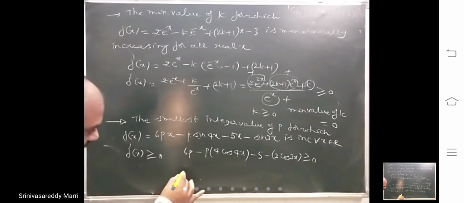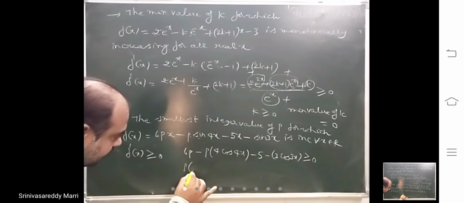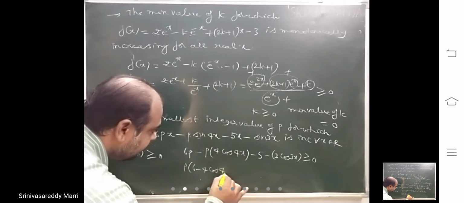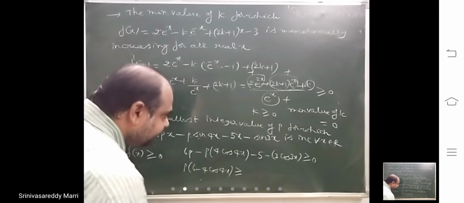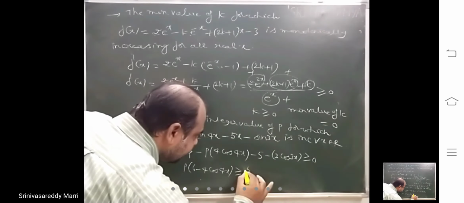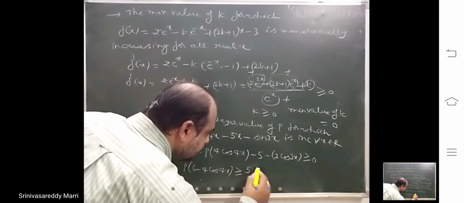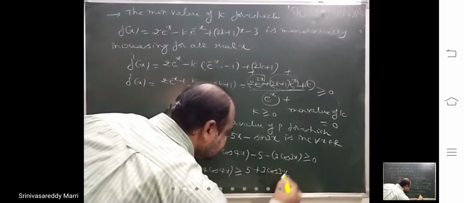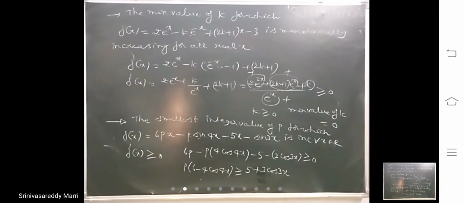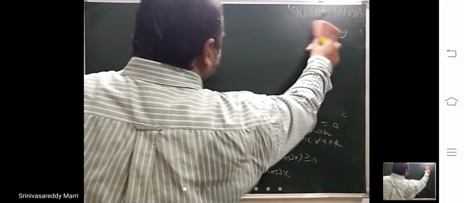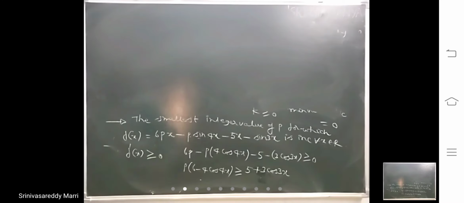Now take p common. P into 6 minus 4 cos 4x is greater than or equal to 5 plus 3 cos 3x. Now bring all the remaining function to that side.